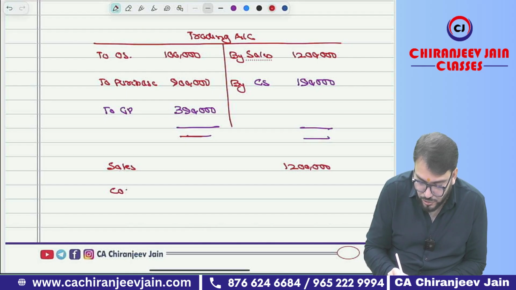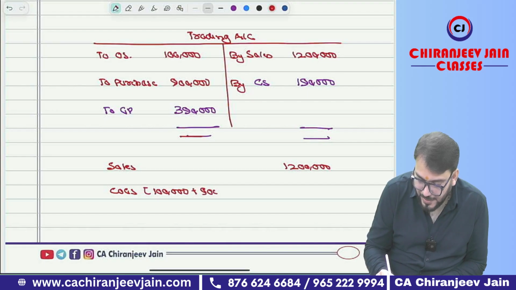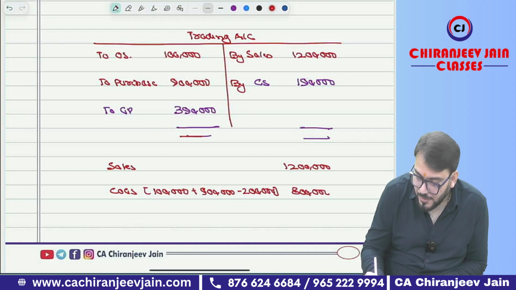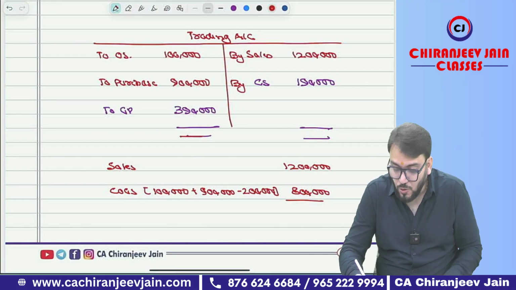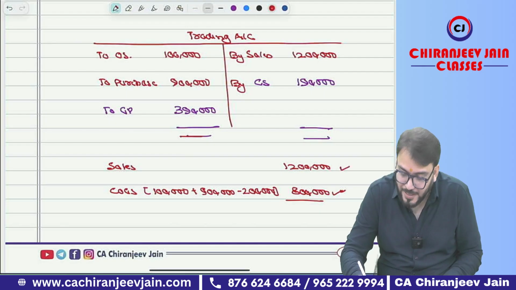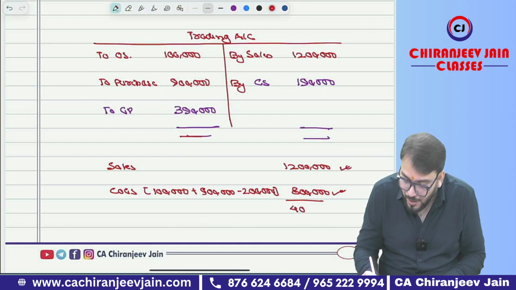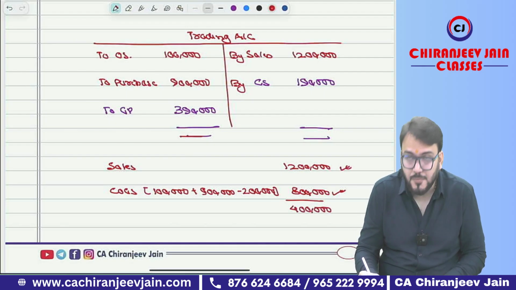And what was the cost of goods sold? Here the cost of goods sold was 1 lakh plus 9 lakh minus 2 lakh. It means 8 lakh. It means you have sold the goods whose cost price was 8 lakh at 12 lakh, means you have earned 4 lakh on sale.